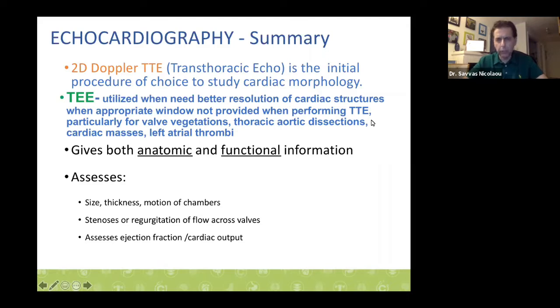Transesophageal echocardiography, as I mentioned, we utilize when we need better resolution of cardiac structures, where the appropriate window is not provided when performing a transthoracic echocardiogram, particularly for valve vegetations, thoracic aortic dissections, cardiac masses, and left atrial thrombi. Then that's when the test of choice is transesophageal echocardiography.